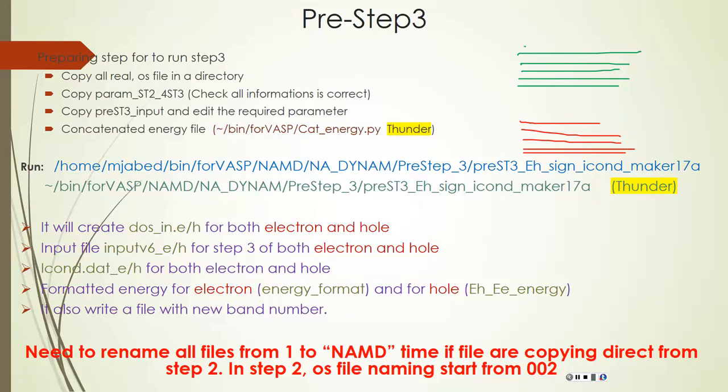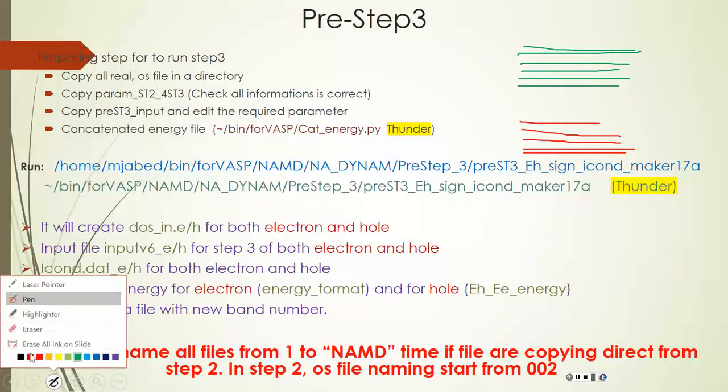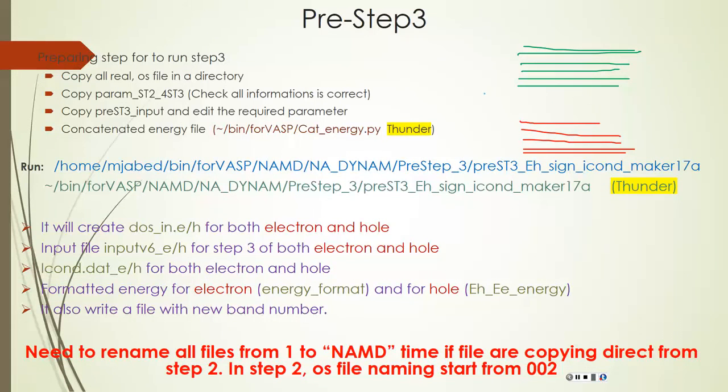Was that why the first 5 steps are skipped in all of your calculations? I can't remember why you don't want to include the first 5 steps. The thing is this pre-step 3. In the Redfield approach, there is no pre-step 3. You just set up an initial electron and initial hole.